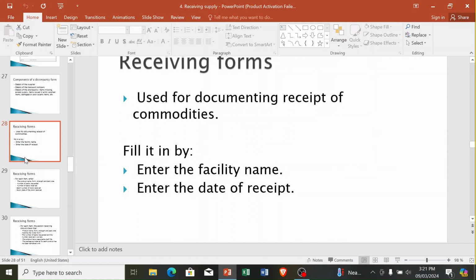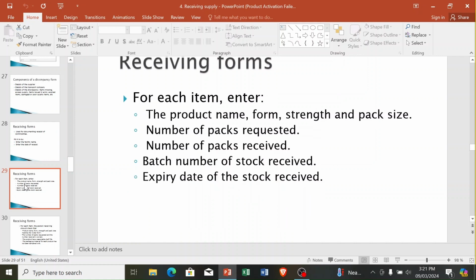Then another document, we have what we call a receiving form, used for documenting receipts of commodities. Fill it in by entering the facility name, and then enter the date of the receipt. For each item, enter the product name, form, strength, and then the pack size.